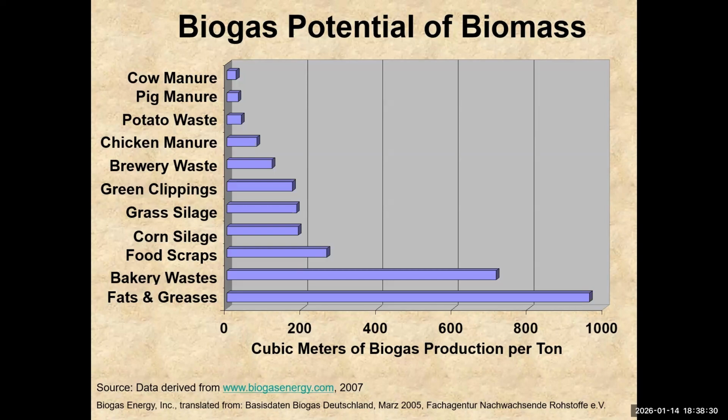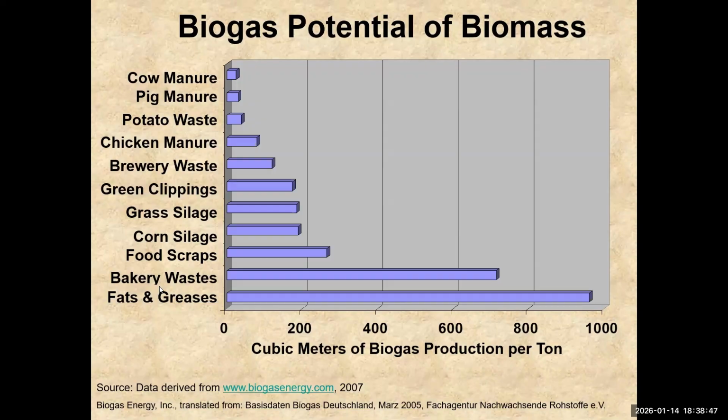Okay, so I do want to point out to you that biogas production from organic waste materials can vary greatly. So this chart here shows biogas production from different materials.